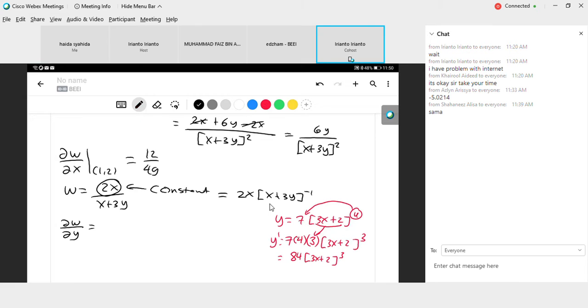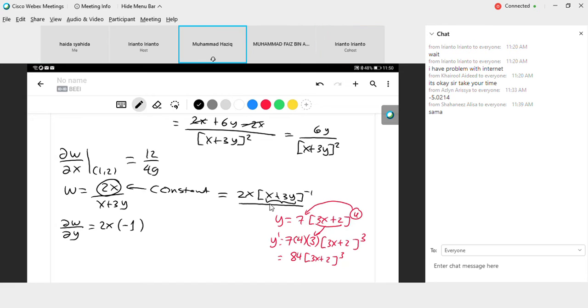Same principle. What will I get here? For this one, the same principle. Let me do it manually. So 2x first, and then the negative 1 going down, multiplied by negative 1. And then the derivative of the one inside, the derivative of x plus 3y with respect to y. What is the derivative?